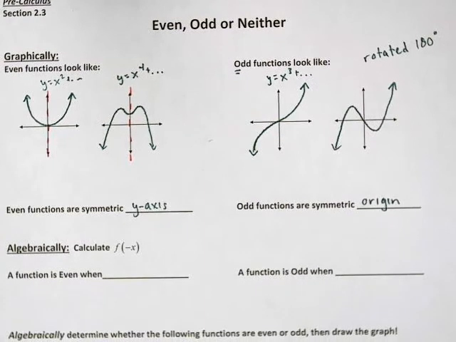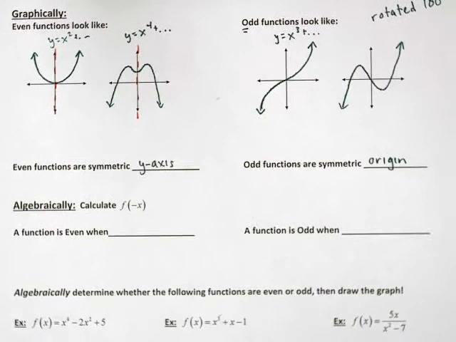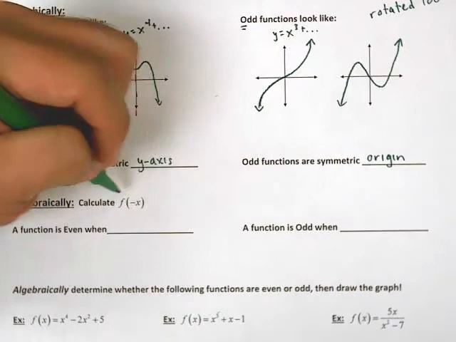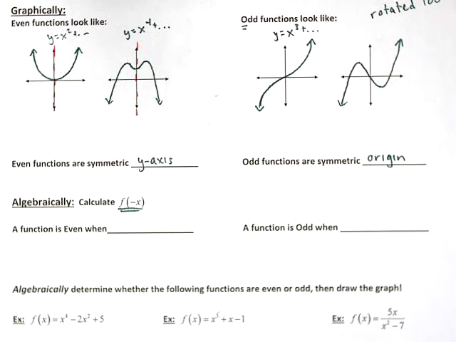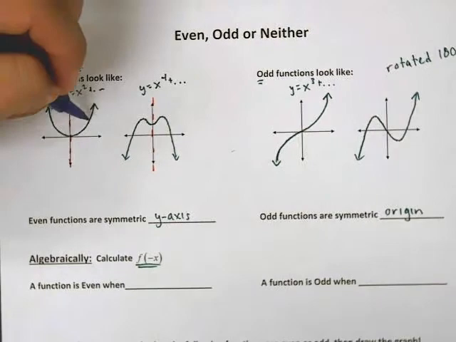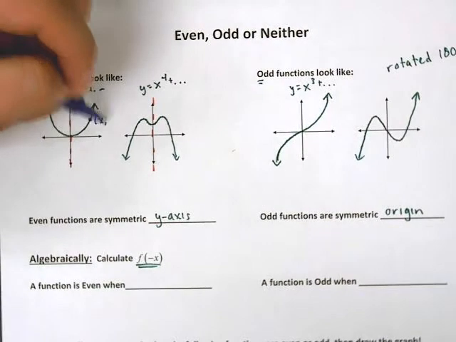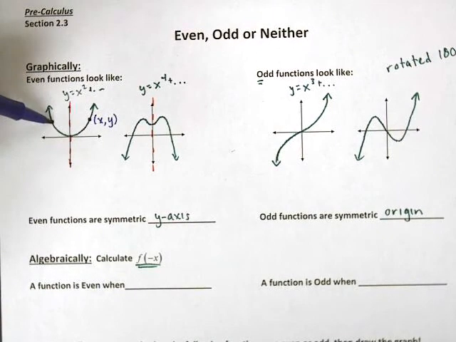We can do better. And what we say we're going to do is we're always going to calculate f of negative x. That should sound familiar to you from when we talked about symmetry, right? We said that if I had a point at x comma y, well, that when I plugged in negative x, I should have a point at negative x comma y.